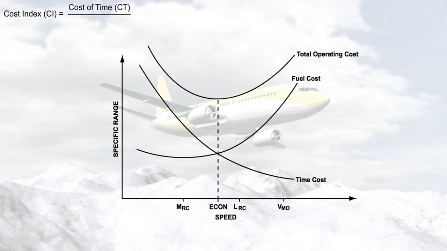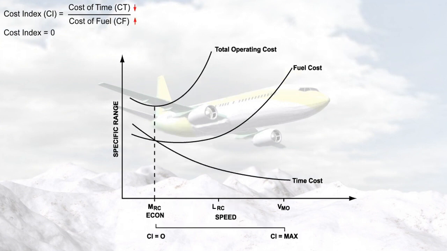The value of ECON speed is worked out by the flight management system based upon the value of the cost index. As a formula, this cost index is a ratio of cost of time, CT, divided by the cost of fuel, CF. When fuel costs are high and time costs are low, then the cost index is almost zero. With a cost index of 0, the ECON speed is at the maximum range speed.